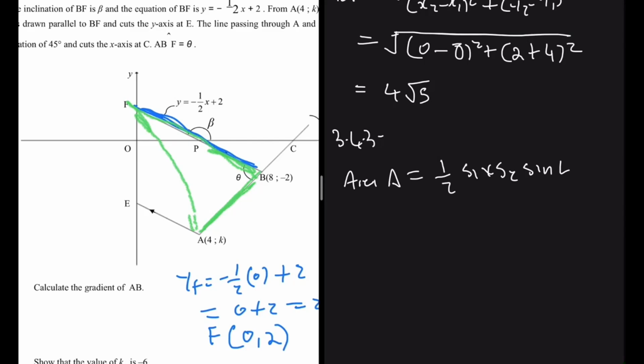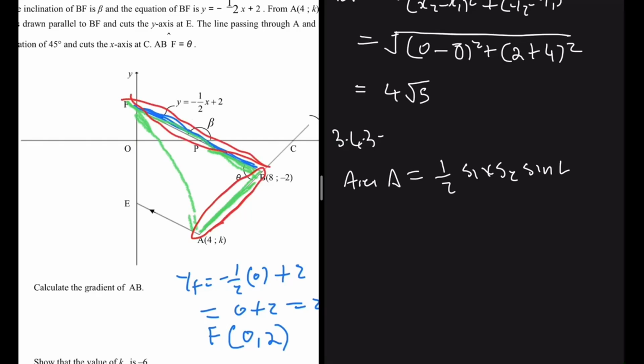So that's why it's usually written as just half base times height. But that is not always the case. You can choose to use the other sides as long as you take sine of the angle the sides sandwich, right? So here for this question, I'm going to take side AB and side FB, right?